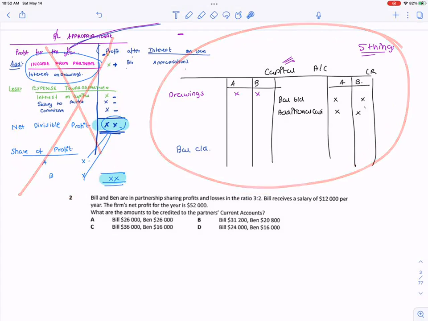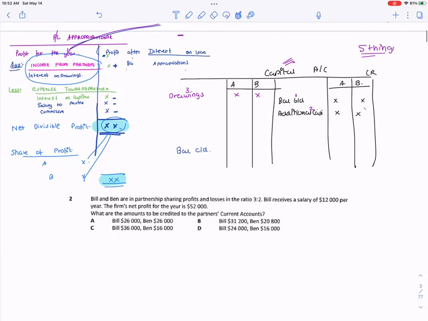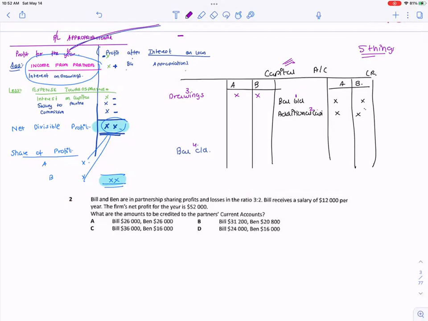What are those 5 things? First thing is opening balance capital, additional capital, drawings, closing capital, and the 5th thing is interest on loan. These are the 5 things that come in the capital account but do not come here.